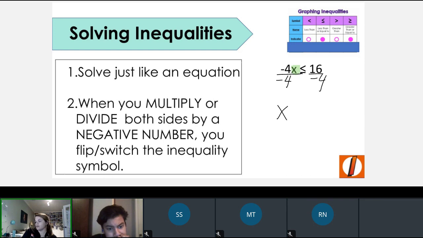I'm going to be left on the left-hand side with x. Now, my sign is going to switch because I divided by a -4. And then I have 16 divided by -4, which is going to be -4. So now my solution is all x values that are greater than or equal to -4.